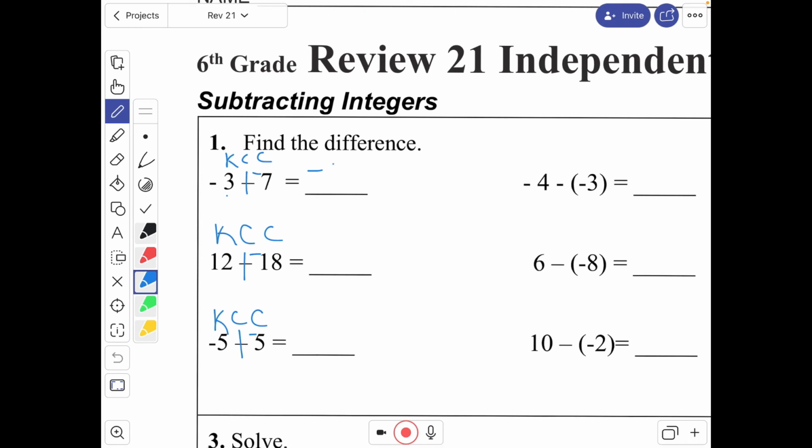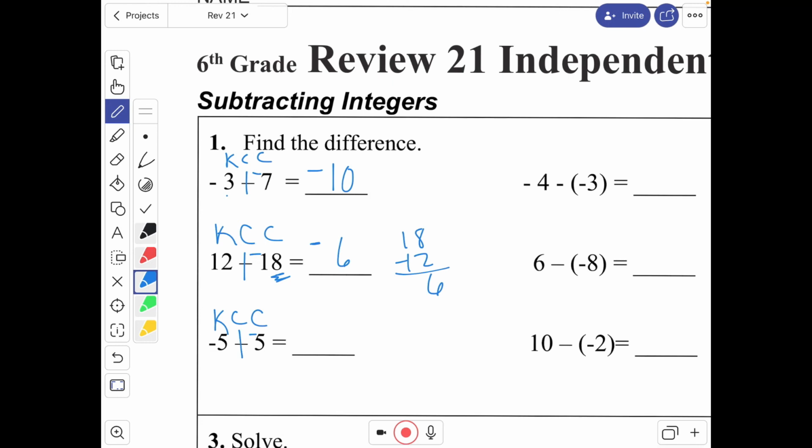I'm just going to add -3 plus -7, and I get -10. The next one, they have different signs, so I have to subtract. I get 6, and I take the sign of that larger, -6.